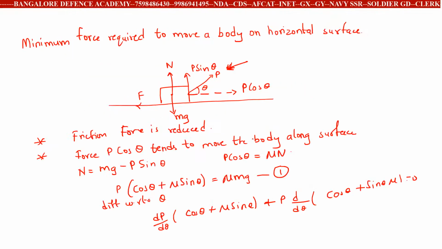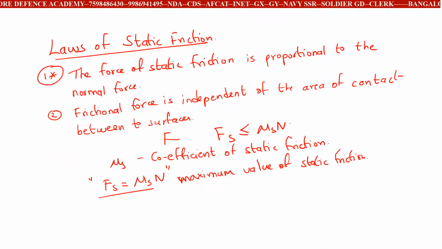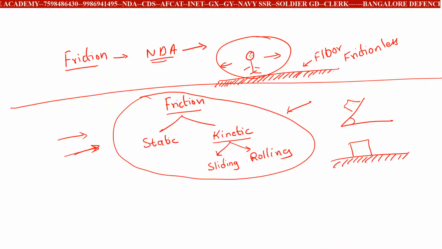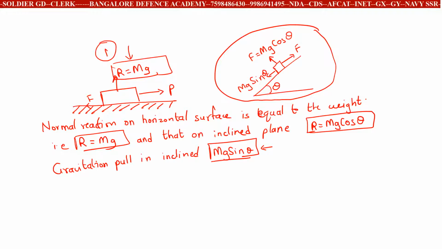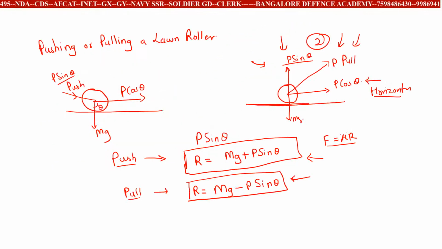I hope you understood. Let me take you back to the important slides here. So we started with friction. There are two types, static friction and kinetic friction. In kinetic friction there are sliding and rolling, and then the laws of static friction we have seen, important formulas. Then the reaction force is equal to mg, and what happens if the body is kept on an inclined surface, and the gravitational inclined pull, that is mg sin theta.